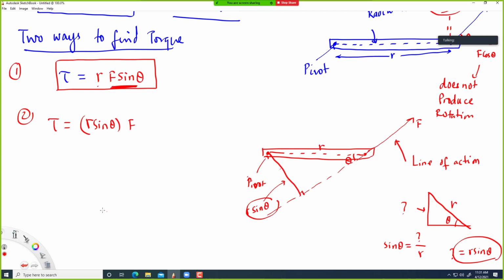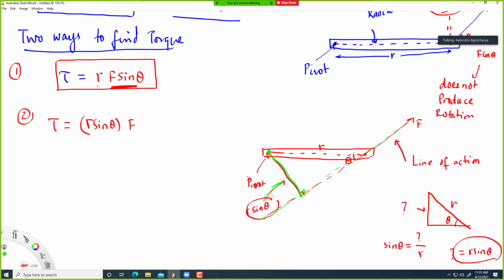So again, in the second approach, you draw a longer line of action, the line along the force, and then draw a perpendicular from this pivot to that line. Let me repeat that again. So draw this line of action, first thing, which is along the force. Draw this perpendicular on that line of action from the pivot, and then see what that distance is, the distance from this point to the line of action.